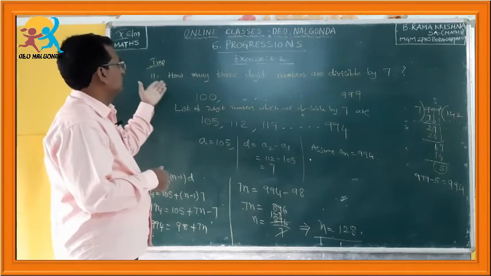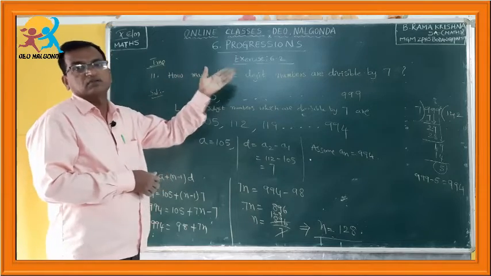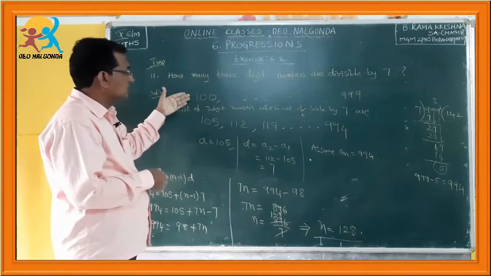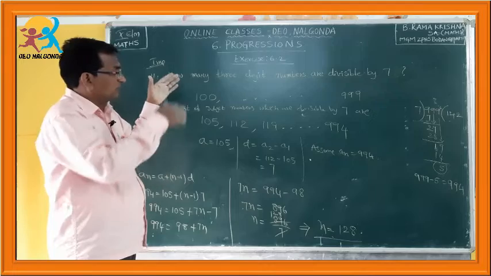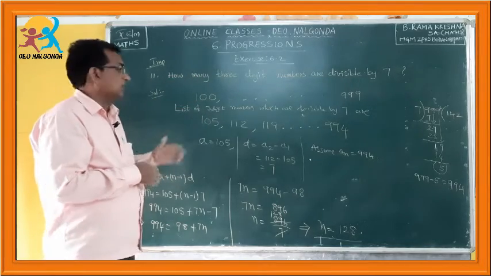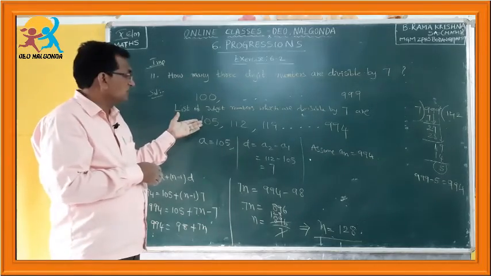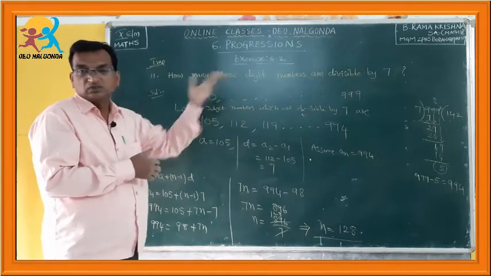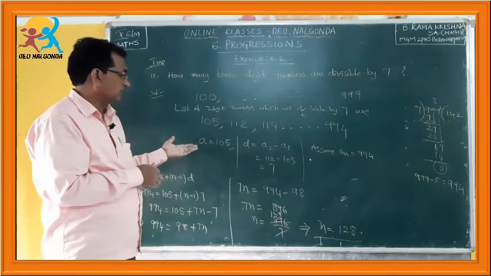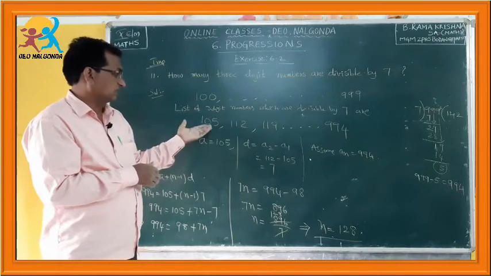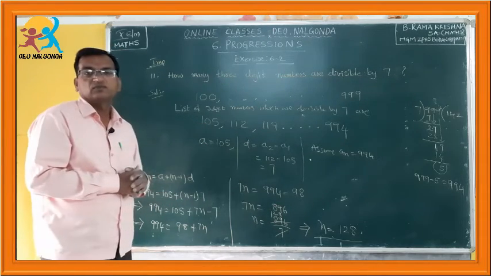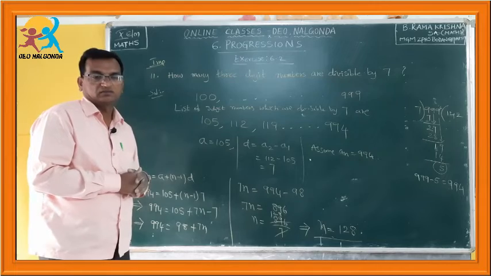Therefore, if anybody asks such a question, you have to list out the particular numbers which are divisible by the number he is asking, and find out the number of terms using the nth term formula. Okay, do you understand this?